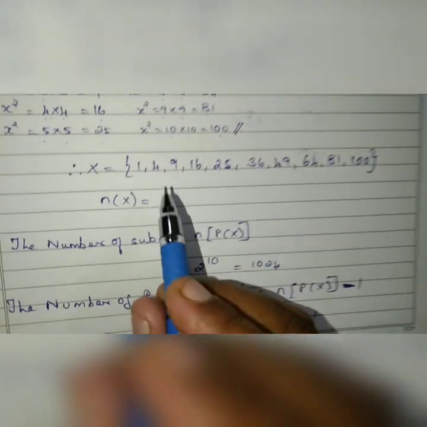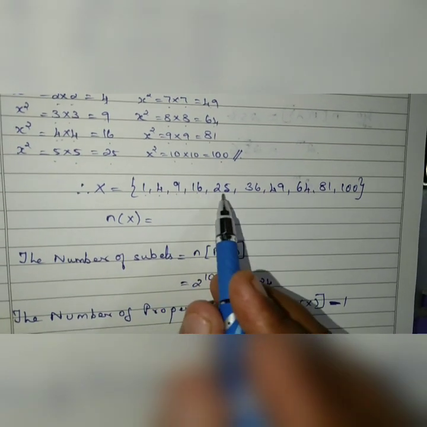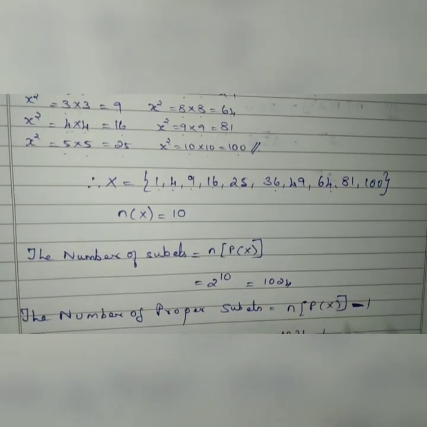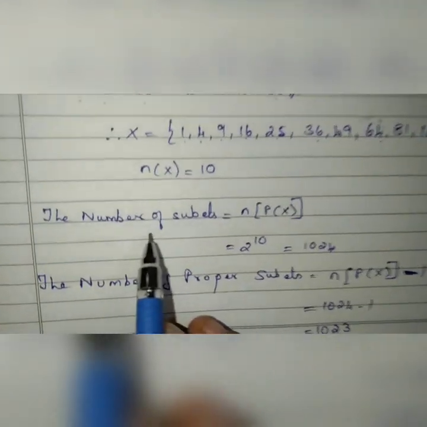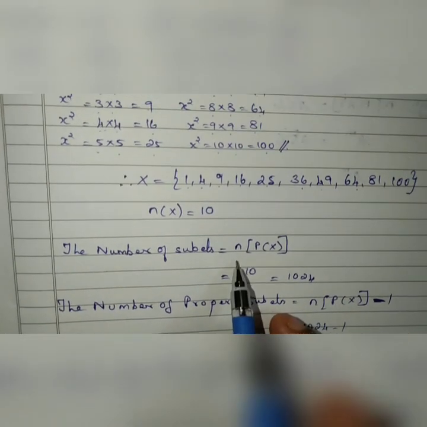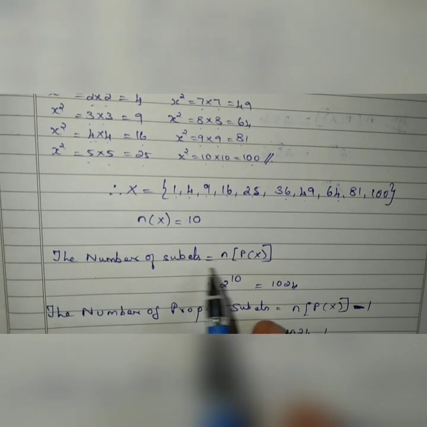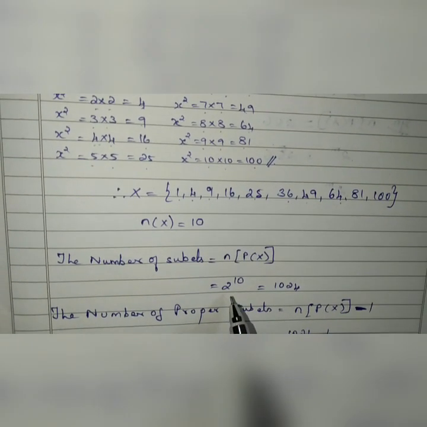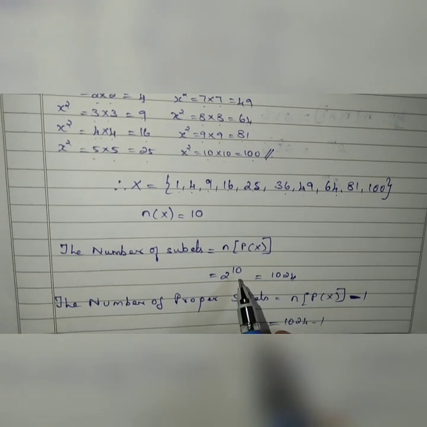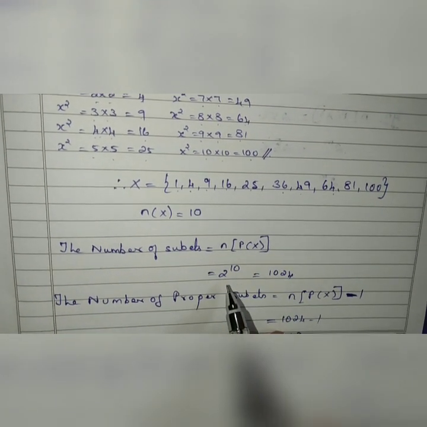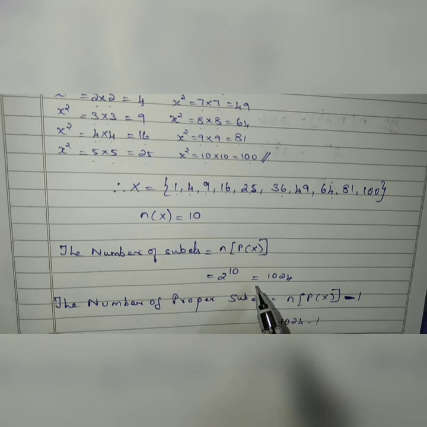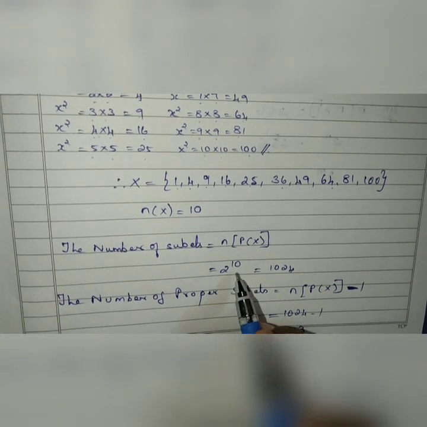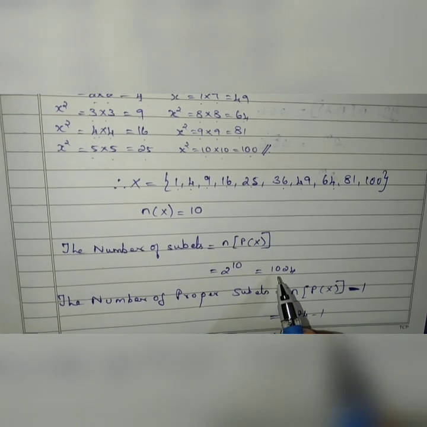Now what is n of X? 1, 2, 3, 4, 5, 6, 7, 8, 9, 10. N of X is 10. Now the number of subsets is n of P of X. That formula is 2 power n. N of P of X is 2 power 10. 2 power 10 means 2 must be multiplied 10 times.